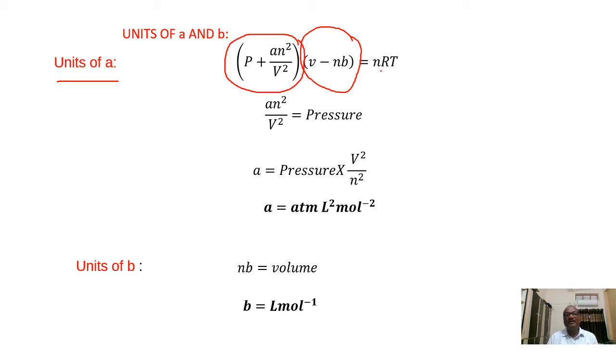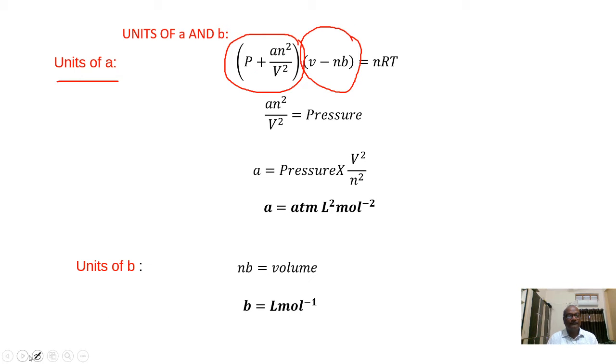PV = nRT is the ideal gas equation, but that equation cannot be applied to real gases under all conditions. In order to apply it to real gases, we derived van der Waals equation, in which P + an²/V² represents the pressure term and V − nb represents the volume term.